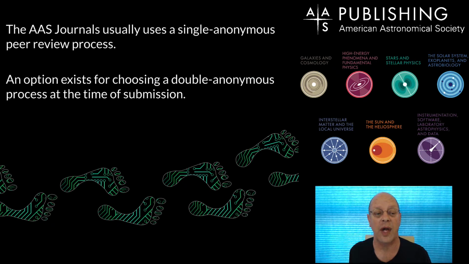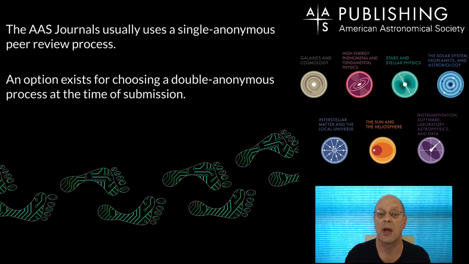So in order to do that, the AAS Journals usually uses a single anonymous peer review process. There are times when you will use 2 reviewers for a paper. A new option that we offer is choosing a double anonymous process at the time of submission.